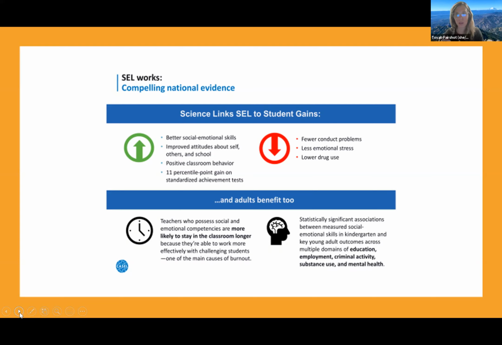So children who are starting in pre-K and kindergarten with social and emotional learning that is taking them through the curriculum through high school, we are starting to see huge outcomes for those individuals, right? In education, in employment, we're seeing a decrease in criminal activity, a decrease in substance use, and a decrease in mental health challenges.